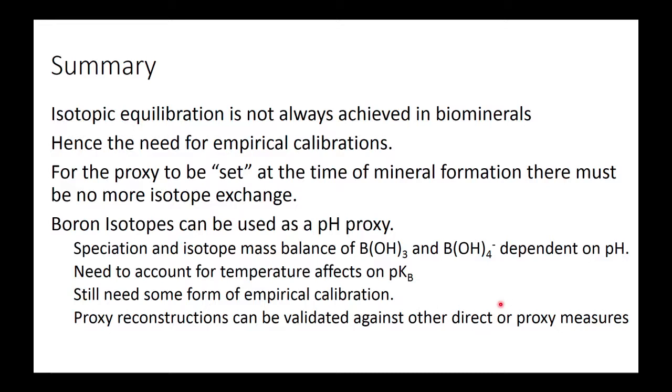Because of that, as the pH changes, that will change the boron isotope composition of the calcium carbonate that's produced. But that will also be dependent on this non-equilibrium fractionation between the borate ion and the boron in the calcium carbonate, which we need to correct for using an empirical calibration. And we also need to take into account the other things that are affecting the isotopes. So that's mostly temperature, but can be pressure as well. Okay?